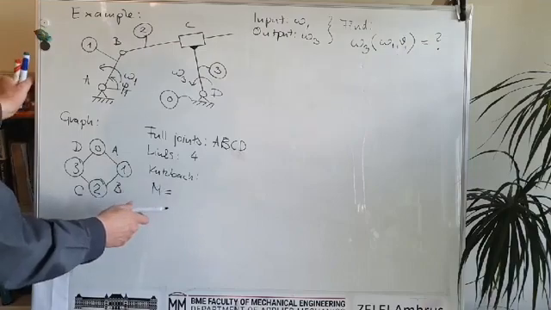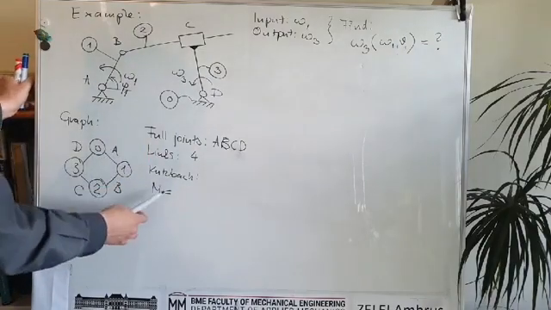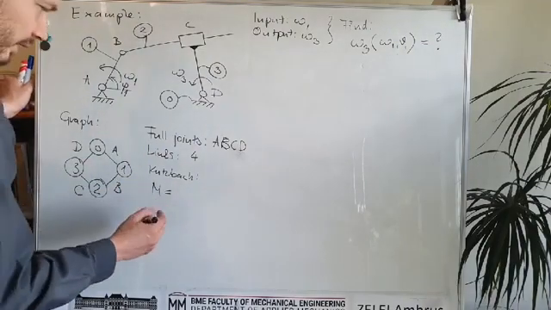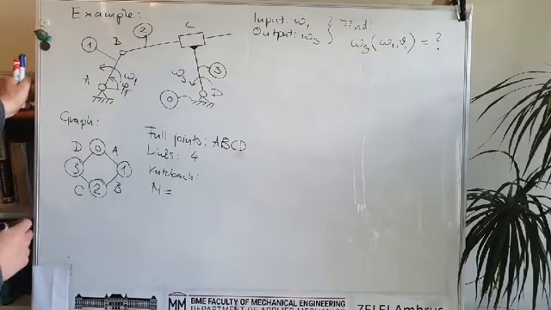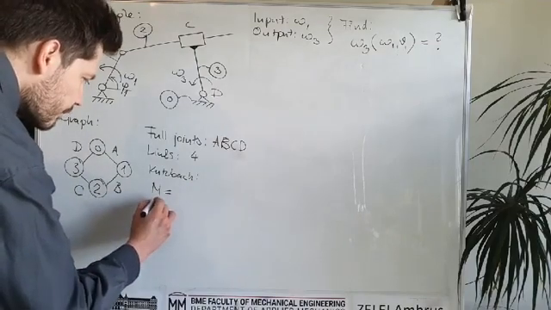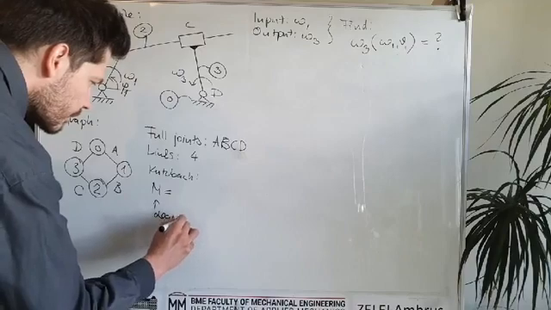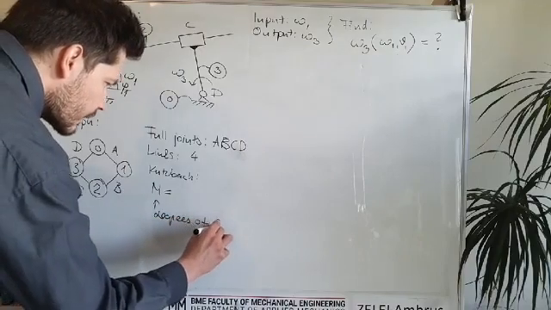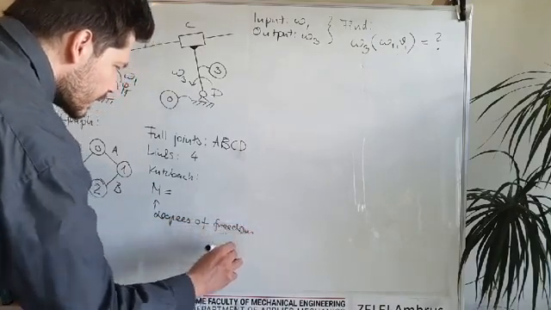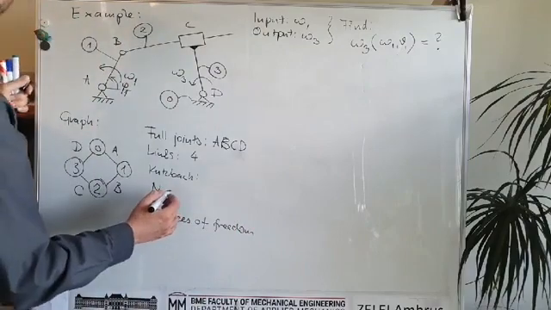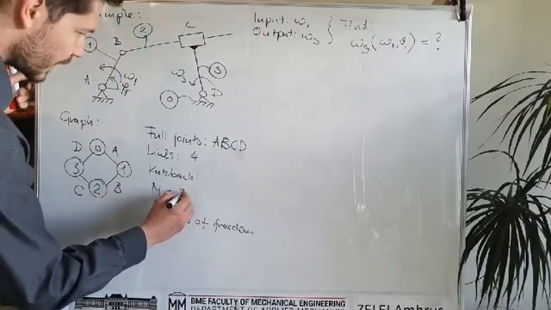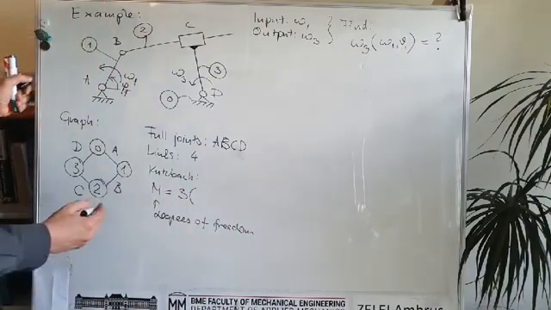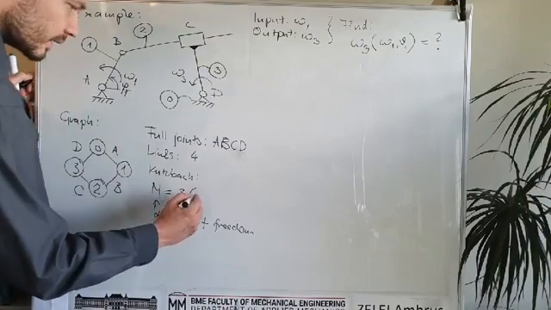I know that it was long ago, but these are easy things. So the mobility or the degrees of freedom is equal to 3 times the number of moving links.